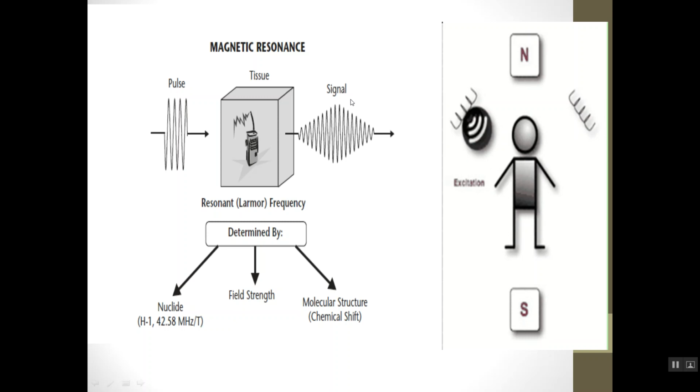So I need an atom sensitive to the radio frequency pulse. I need an atom sensitive to the external magnetic field. So I'll look for an atom to be sensitive to the radio frequency pulse coming from outside.